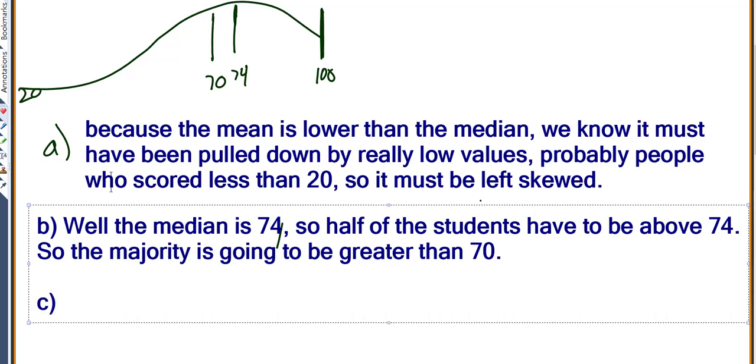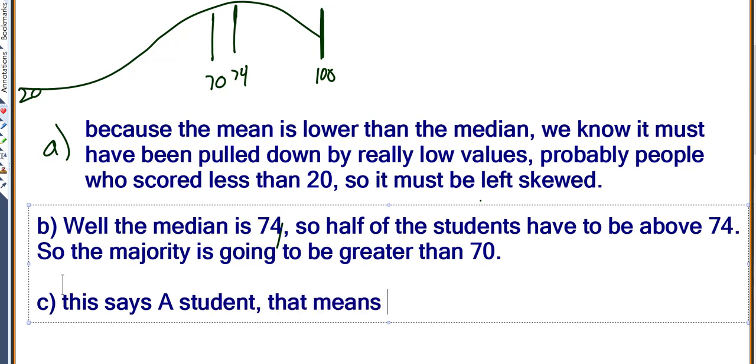Part C, can we use the probability that a randomly chosen student scored above 75 using the normal distribution? Well, this says a student. That means n would only equal 1.